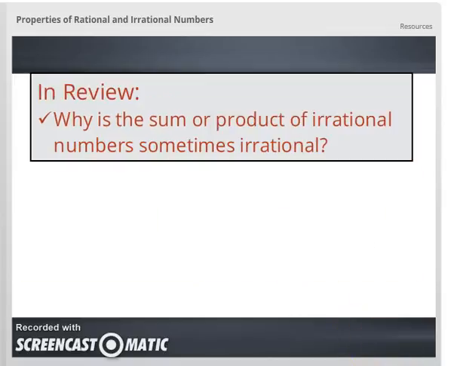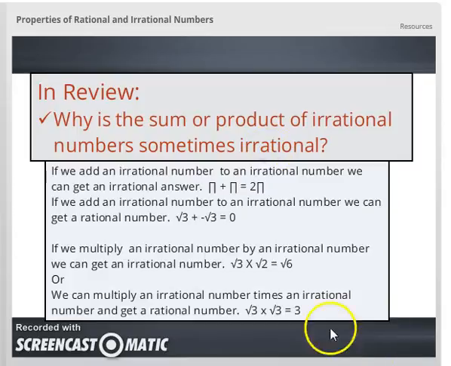Why is the sum or product of irrational numbers sometimes irrational? If we add an irrational number to an irrational number, we can get an irrational answer. Pi plus pi equals 2 pi. But if we add an irrational number to an irrational number, we can get a rational number as well. The square root of 3 plus negative square root of 3 equals 0.